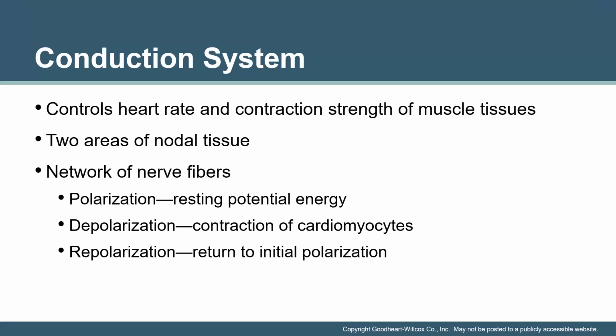That neutralization of polarity is called depolarization. Okay, that's going to create the work. That's going to give the energy to do the work, which in this case would be the contraction of the cardiomyocytes. When something is repolarized, then we put the poles back in place. We put the opposing ends back in place so that the potential to change and do work is still there.